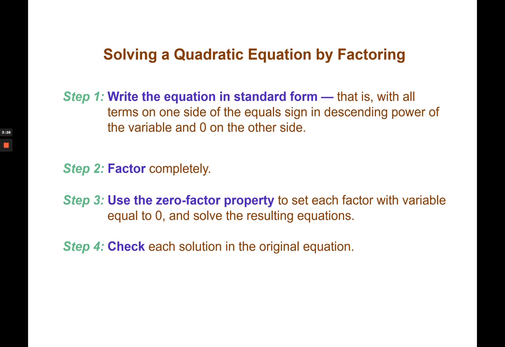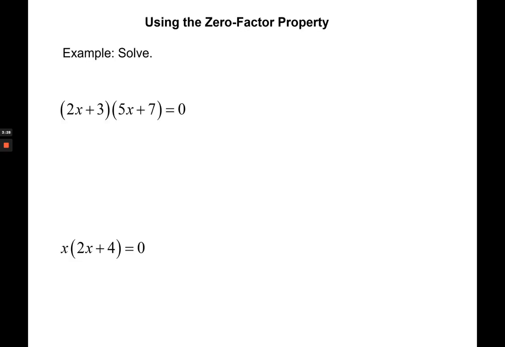Let's have your first set of examples. Here, as a start, it's already in factored form. As a review of the zero factor property, if you are able to factor your trinomial or the quadratic part, you may now equate each factor to 0 to find your solution, or the value of x.